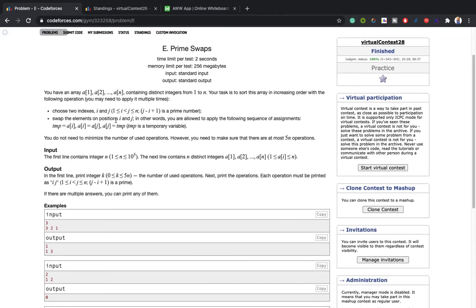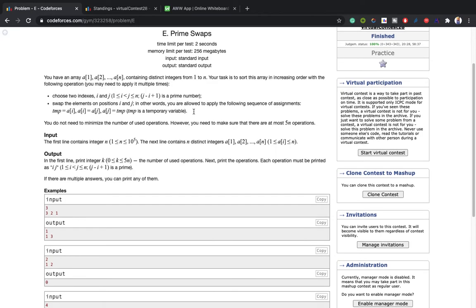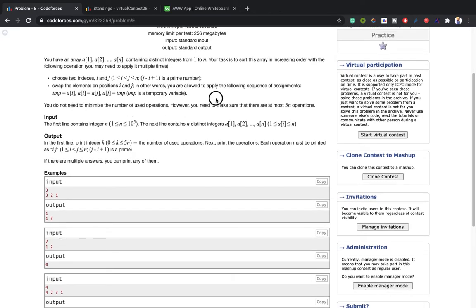The operation we can do is choose two indices i and j, and if the difference between those two indices plus 1 is a prime number, then we can swap them, and we need to minimize the operations. And there is also the condition that we can do at most that many operations.